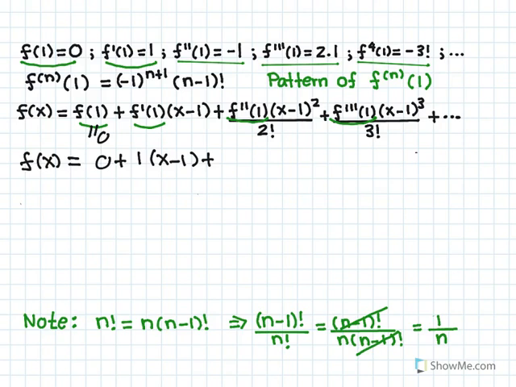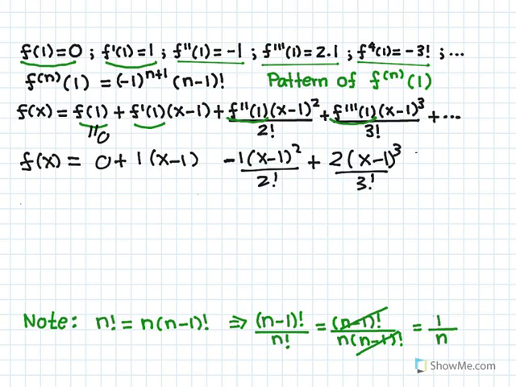f double prime of 1 is negative 1 times x minus 1 squared. Divide by 2 factorial. Let me just write this as minus 1. No need to write plus minus. And then plus f triple prime of 1, that's just going to be 2 times x minus 1 cubed. Divide by 3 factorial.